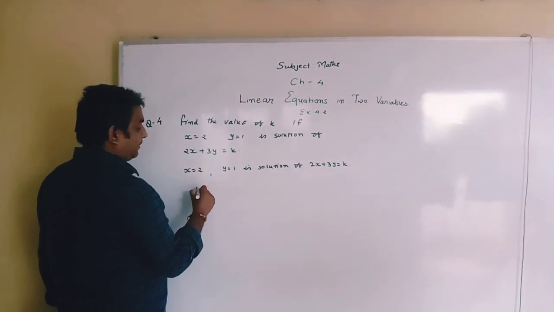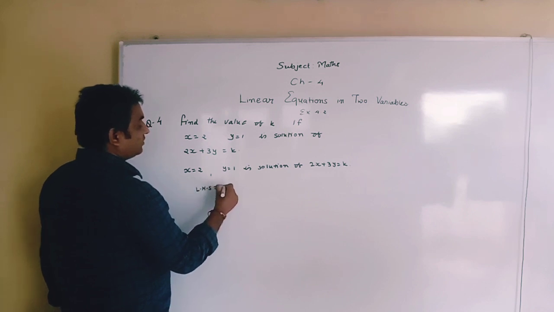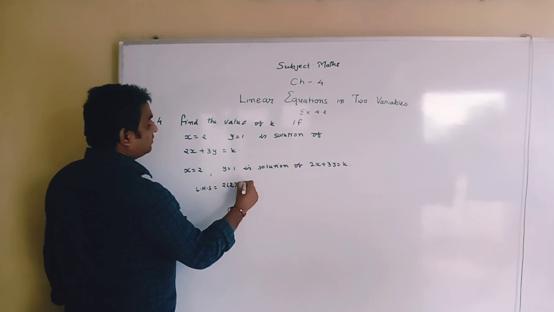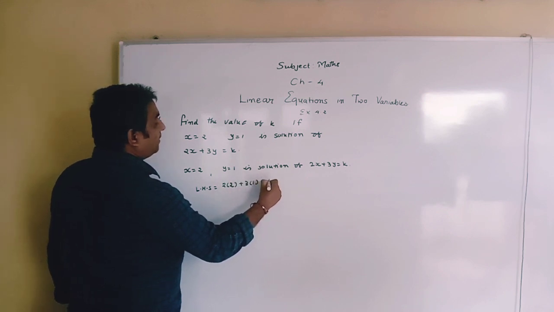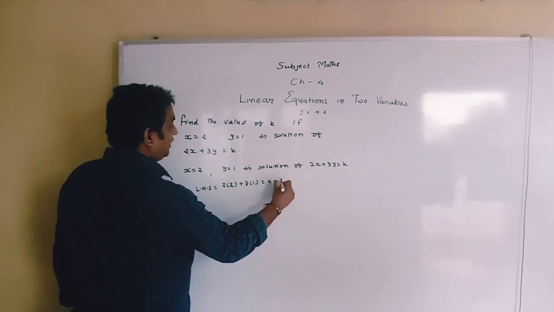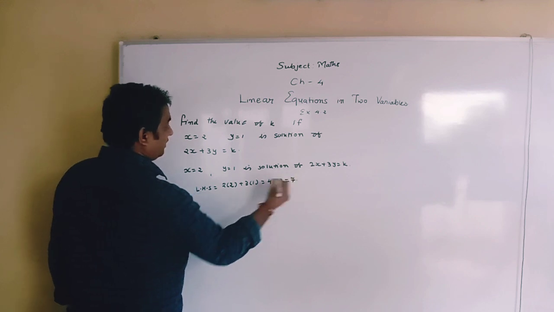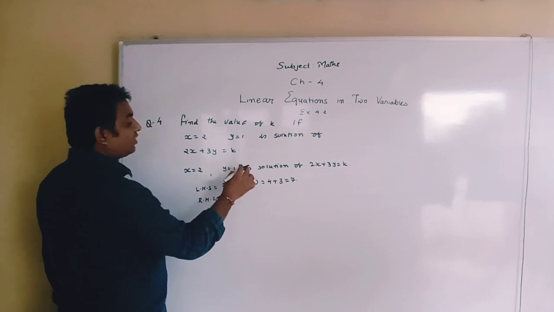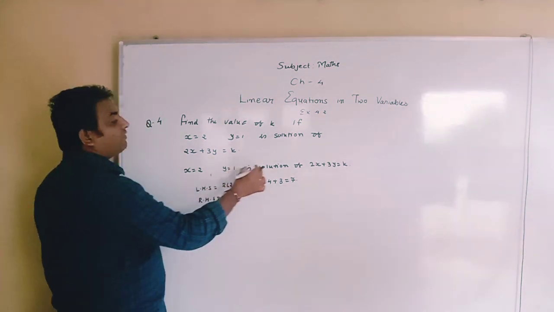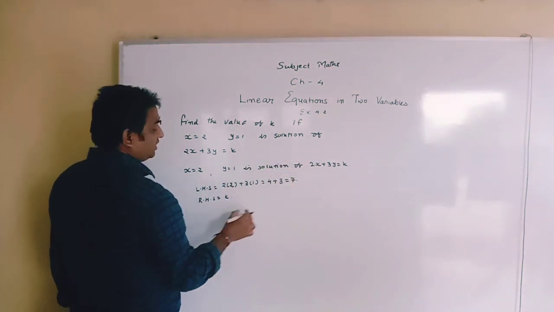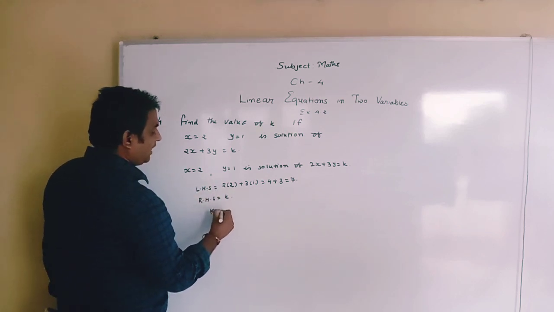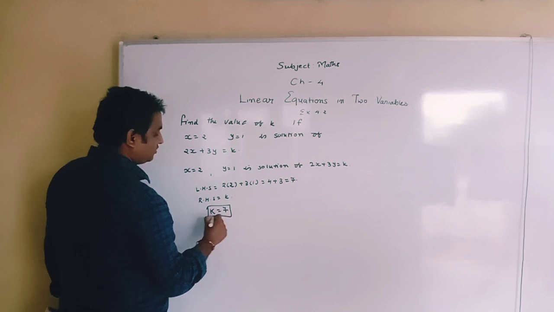We get left hand side 2 into 2 plus 3 into 1, which is 4 plus 3, 7, and the right hand side is given as k. Now since x equals 2, y equals 1 is a solution of this equation, the left hand side equals the right hand side, and so k equals 7.